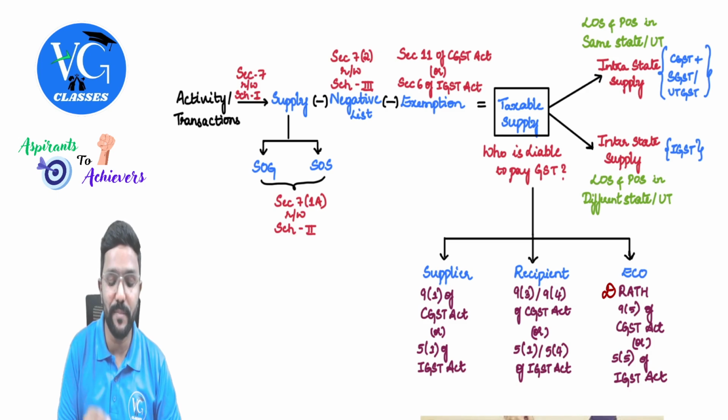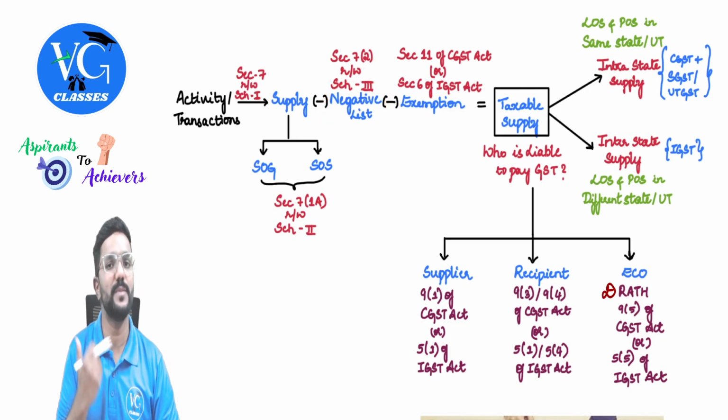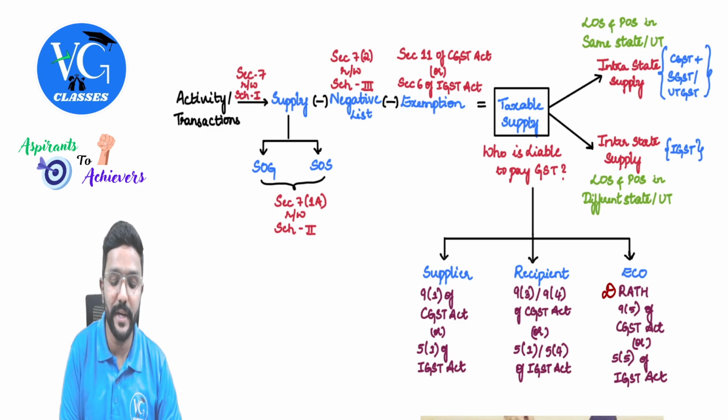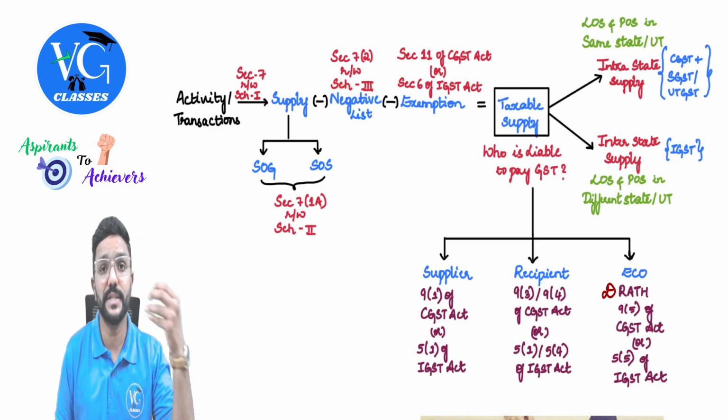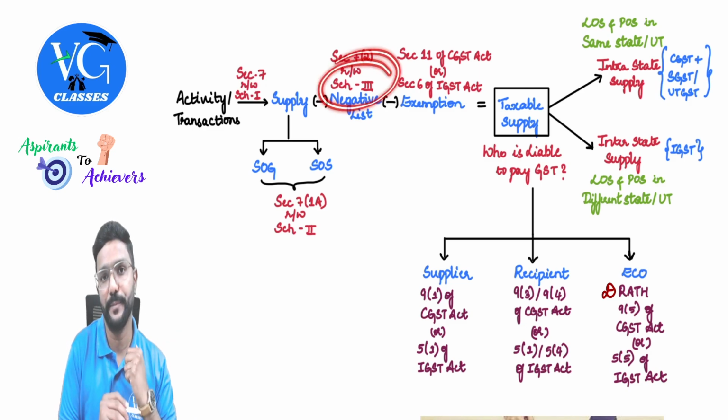Then if there is any supply covered in the negative list, it is not taxable, so we need to remove it. The negative list is read along with section 7.2 and Schedule 3.